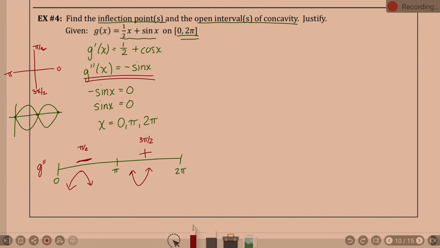Find the inflection points and open intervals of concavity. What about inflection points? We need to know what g of pi is. g of pi is 1/2 times pi plus sine of pi. That's pi over 2 plus the sine of pi, which is 0, so pi over 2.